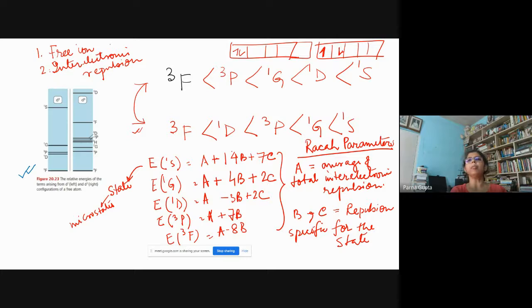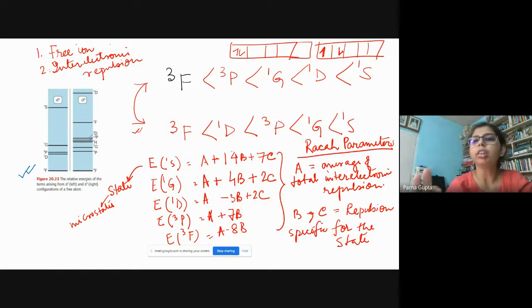But the repulsion between this one and this one is not the same. So all this specific repulsion will be taken care of by B and C. So let us explain how we are taking this.